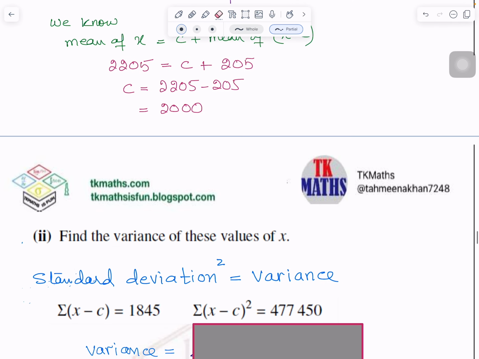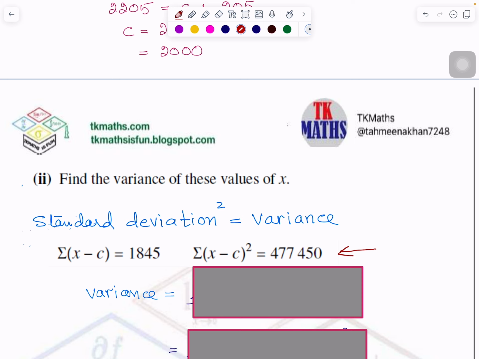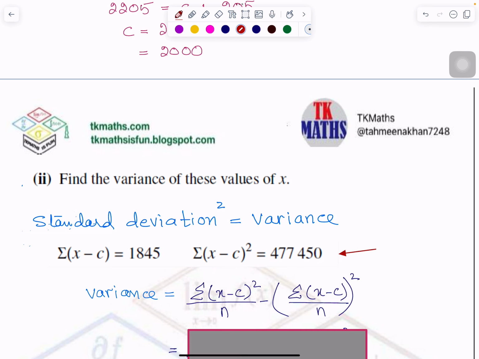Okay, now you have to find the variance of these values of X. Now we know that if you square the standard deviation, you get the variance. And what is the information given to you? These two pieces of information are given. With the help of this, I will try to find the value here. Variance of X: the formula I'm writing here for the coded data is sigma of (X minus C) whole squared divided by 9, minus the mean of X minus C squared.